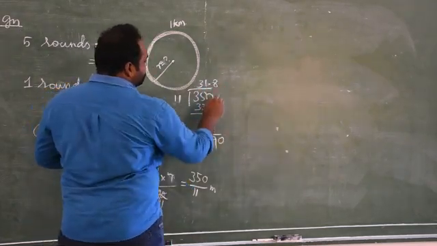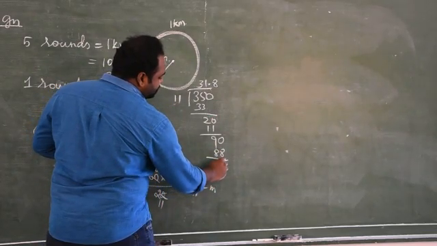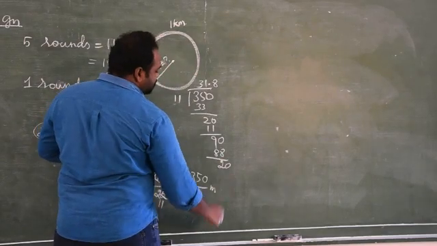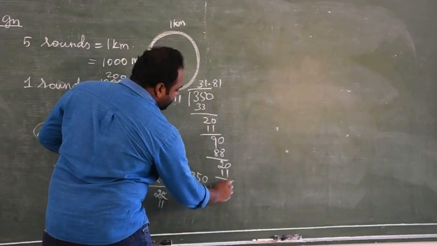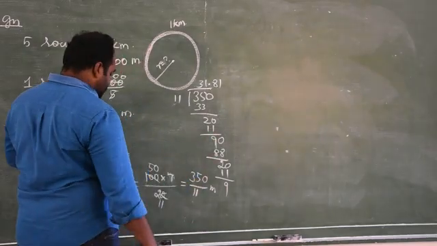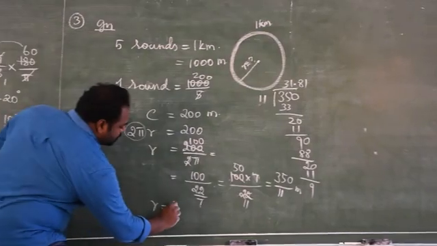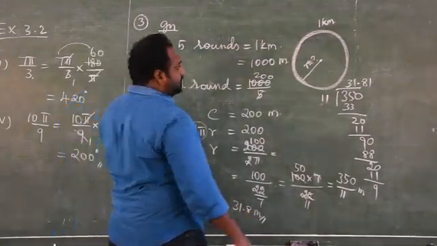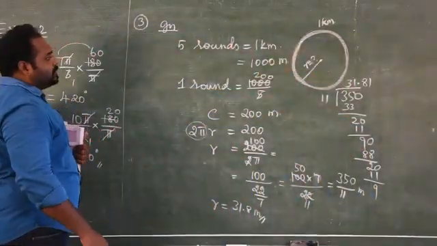Then 8 times 88. Then this 2, once again we can add 0, 1 time 11. This 9. Once again it will go on like this. So we can round off this answer. So radius equal to 31.8 meters, the radius of this circular ground.